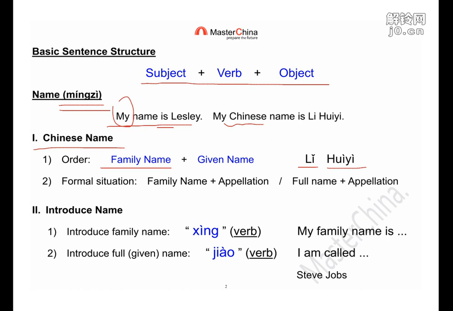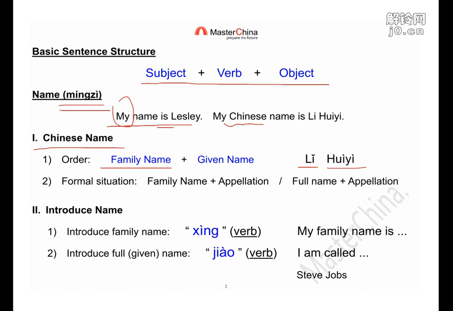Of course, we use Chinese characters. So you can see the family name, I mean, not all, usually is one Chinese character. And for the given name, you can put one or two characters. So that's our common way.